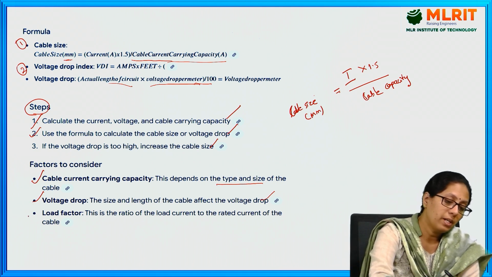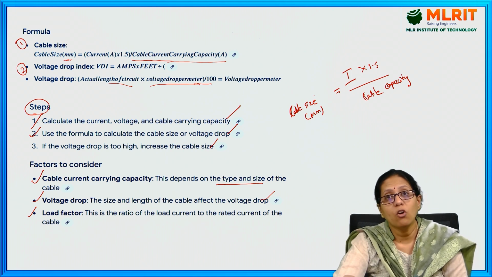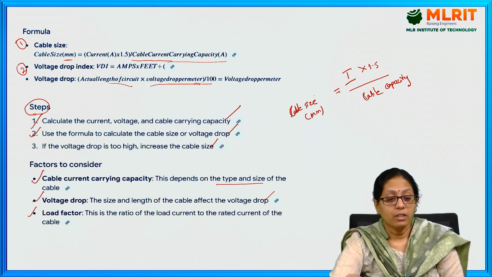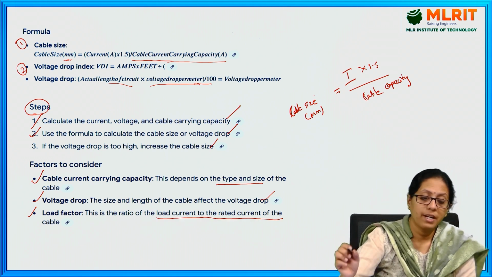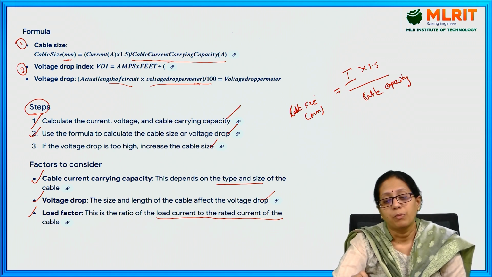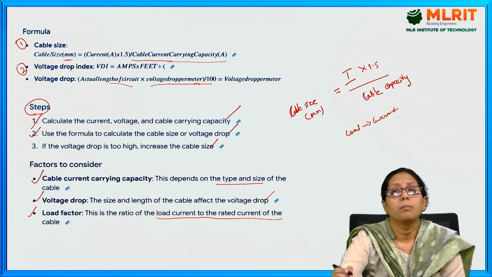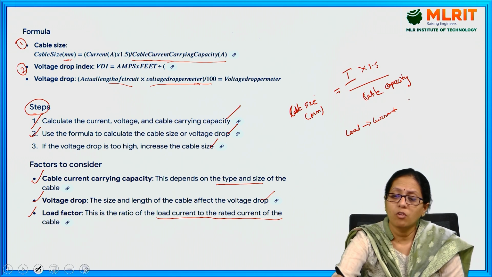The third one is load factor, which means which type of load and what is the rating of the load being connected to the cable. This is the ratio of load current to the rated current of the cable. The load current may not be stable over, let us take, a 24 hours span.